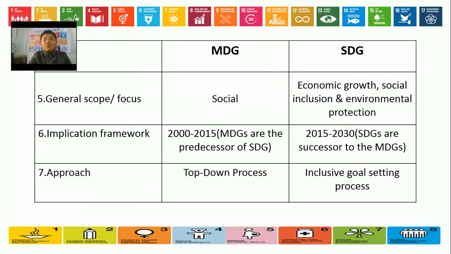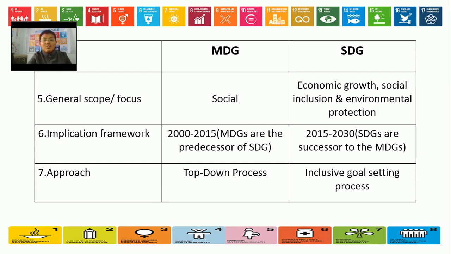MDG were more focused on the social aspects, while the SDG focus mainly on three aspects, that means social, economic, and environmental, which we can call economic growth, social inclusion, and environmental protection. This is another difference: the MDGs are the predecessors of the SDG, while the SDG are the successors to the MDGs.